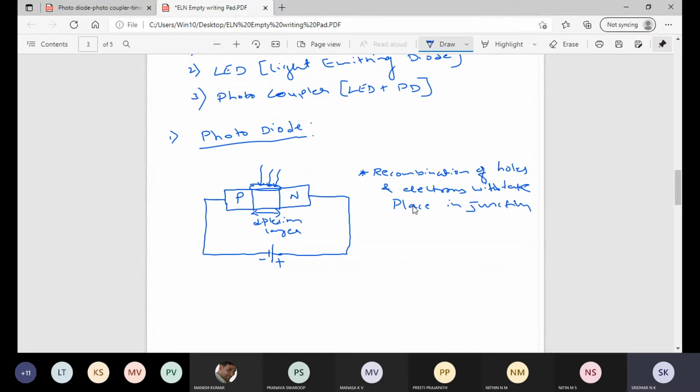Since it is reverse biased, minority charge carriers will start moving, because in reverse bias only minority charge carriers constitute current flow, not majority charge carriers, that we have learnt in PN junction. Because of these minority charge carriers, reverse current will start flowing in the circuit.